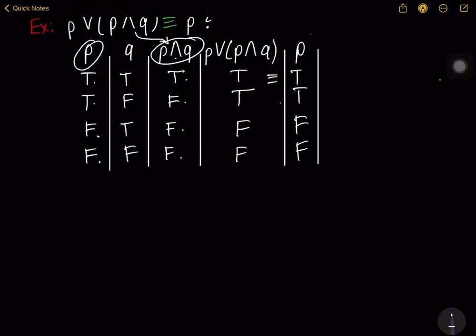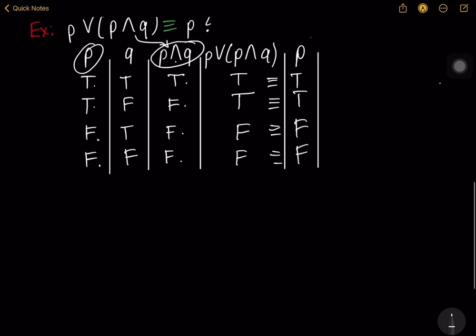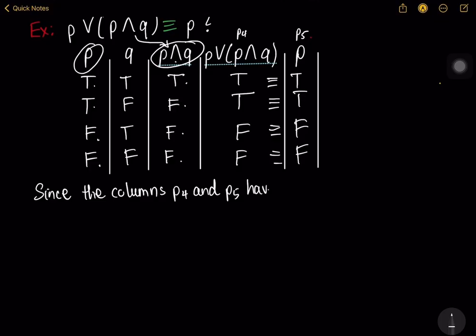We know that you have true, true, false, false for both columns. So we can jump to the conclusion that, let's say P4 and P5, the columns P4 and P5 have the same truth values.